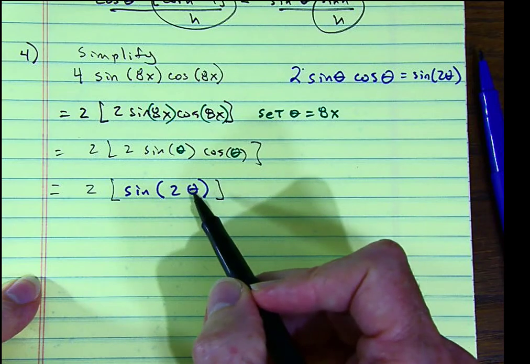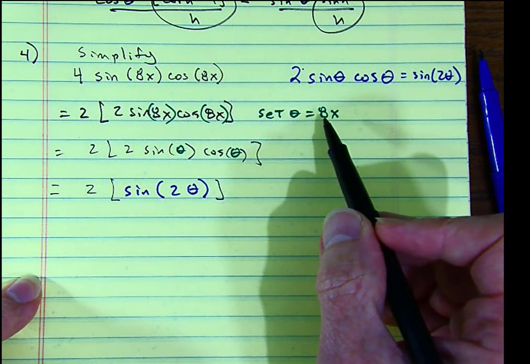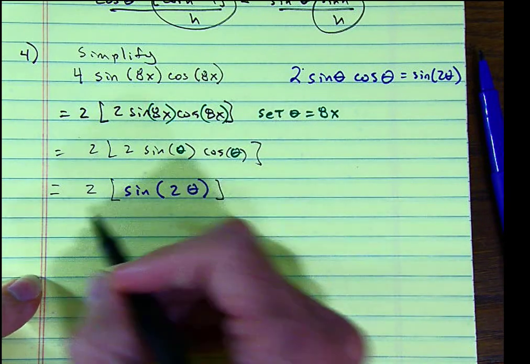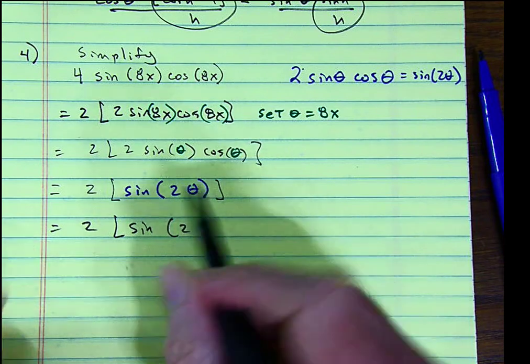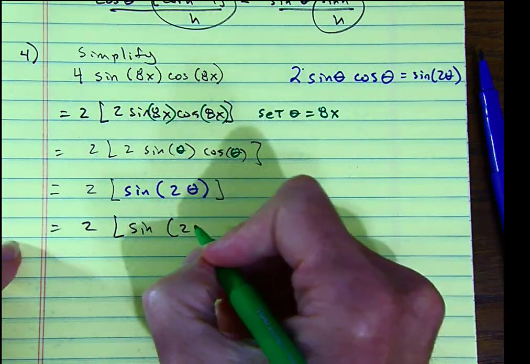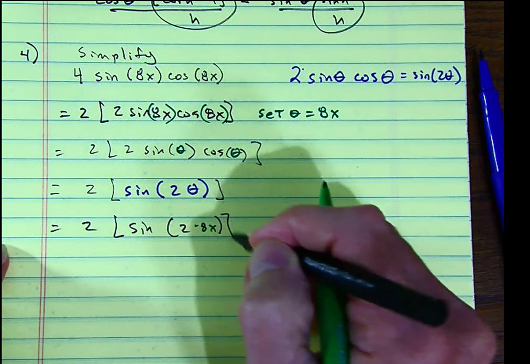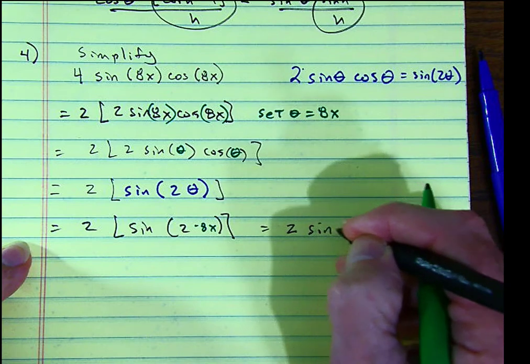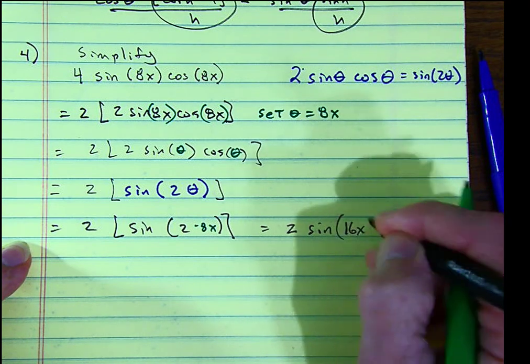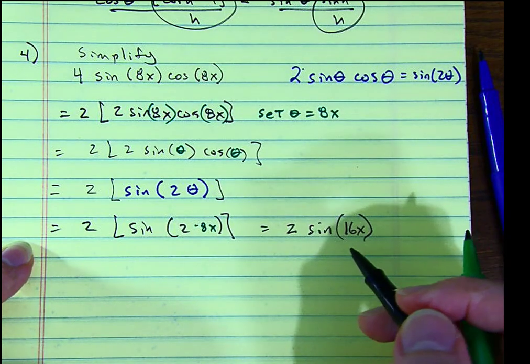I don't really want it to be about theta, I want it to be about x, but theta is 8x, so I'm going to plug that back in here. And so this will equal 2 sine of 2 times the 8x. And in the end, this will be 2 sine of 16x. 16x is the double angle of 8x.